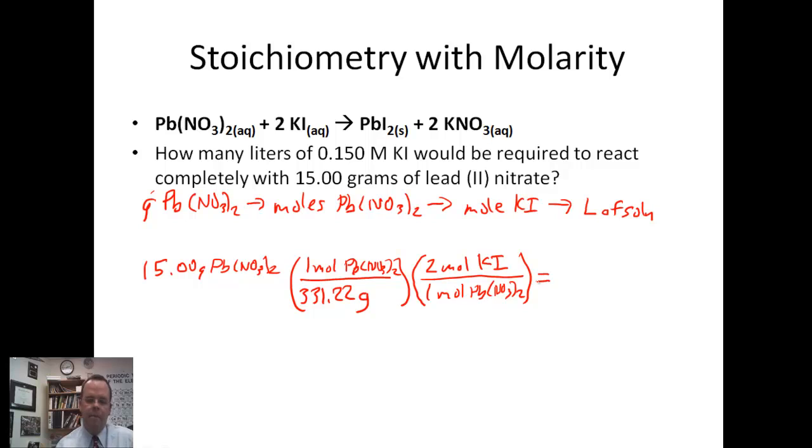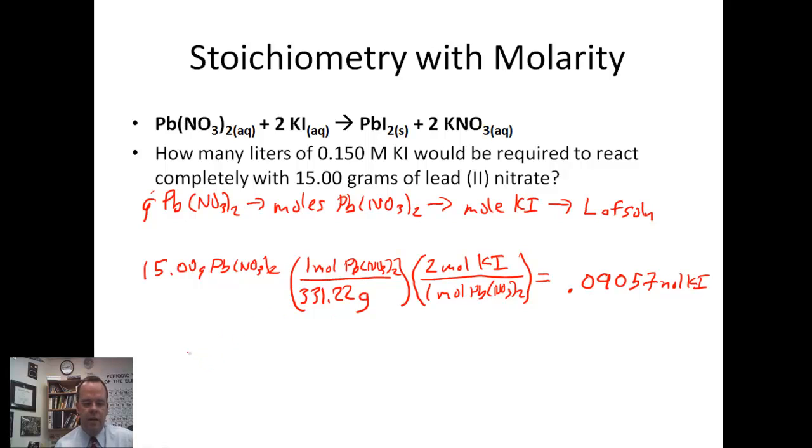I'm going to stop at moles here because then I'm going to do a molarity conversion, which a lot of times you can use conversion factors for, but sometimes it's easier to see without them. So we end up with 0.09057 moles KI.